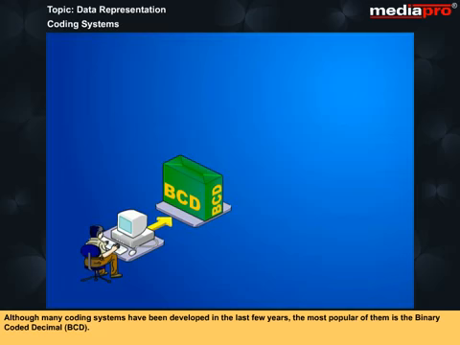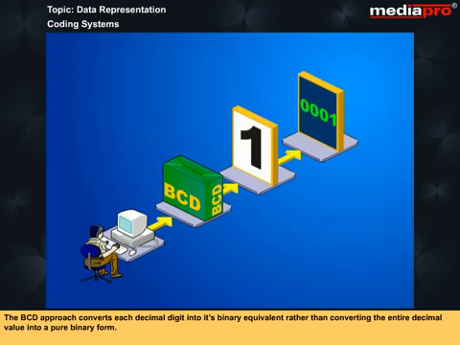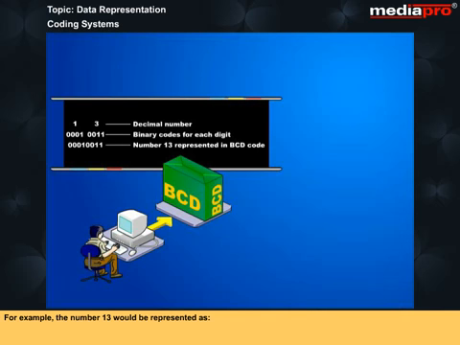Although many coding systems have been developed in the last few years, the most popular of them is the binary coded decimal, or BCD. The BCD approach converts each decimal digit into its binary equivalent rather than converting the entire decimal value into a pure binary form. For example, the number 13 would be represented as shown.